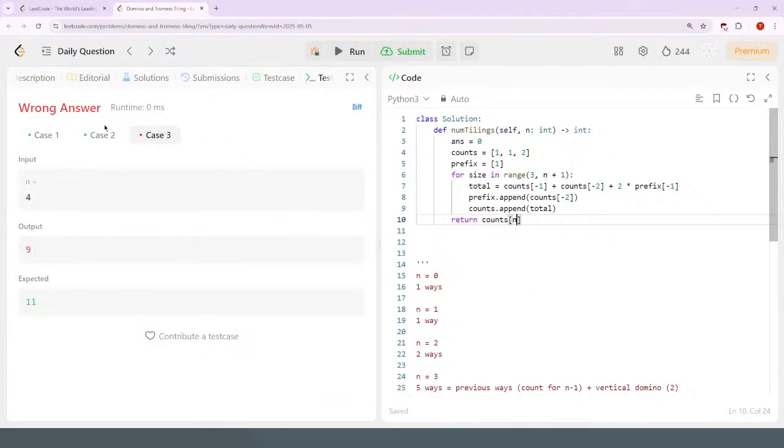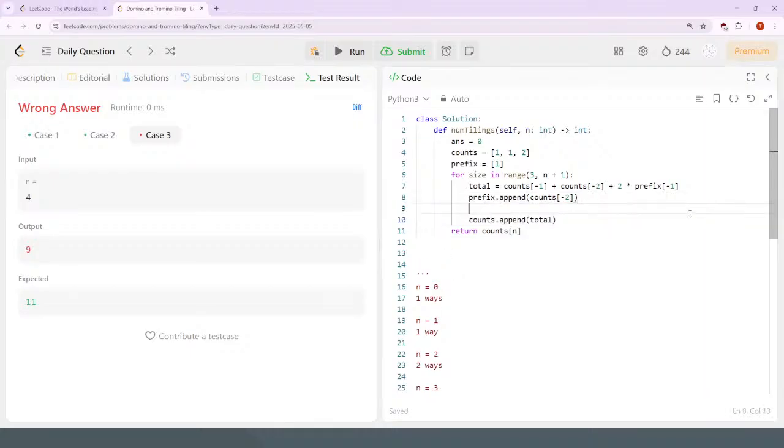Not quite, not quite. Two times prefix. So let me go ahead and print out the prefix and the counts.